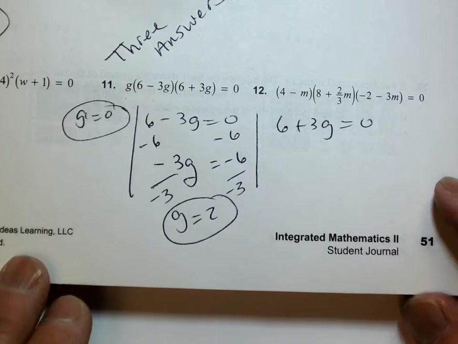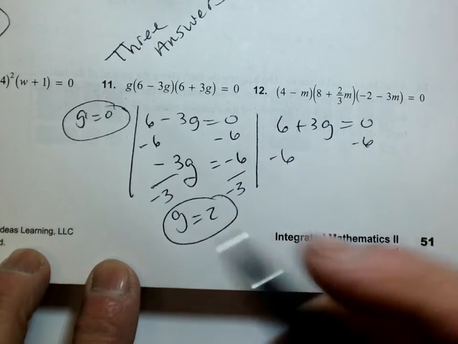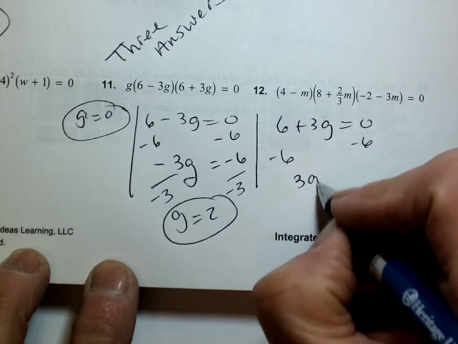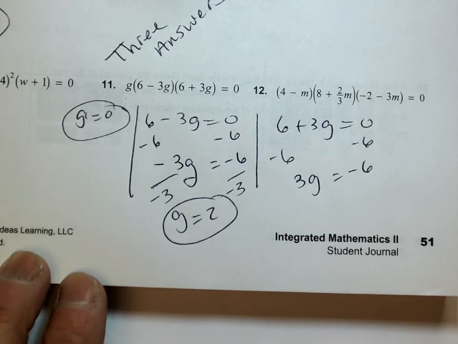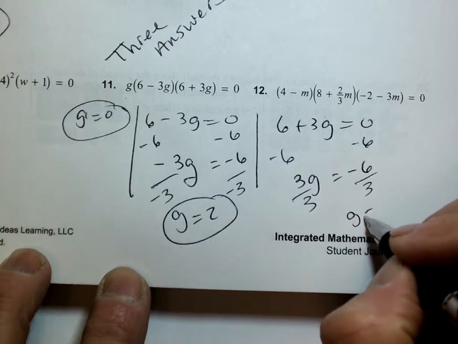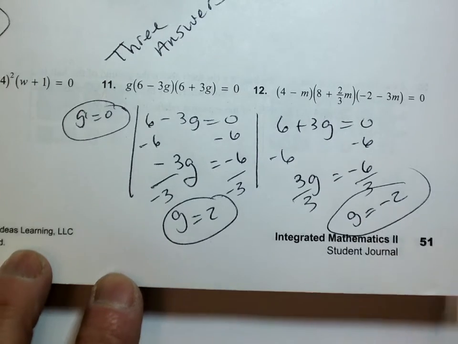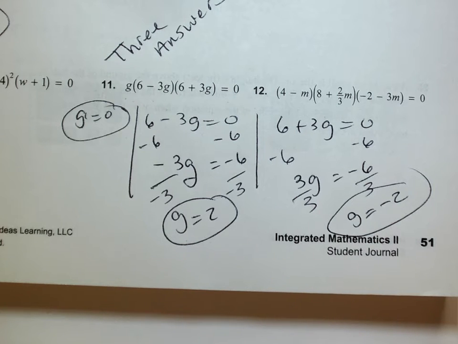Am I okay so far? Minus 6, right? I'm going to have 3g equals negative 6, right? Divide by 3, and I get g equals negative 2. So I got 3 answers, didn't I? I got 0, 2, and negative 2, okay? Thumbs up, so far so good?